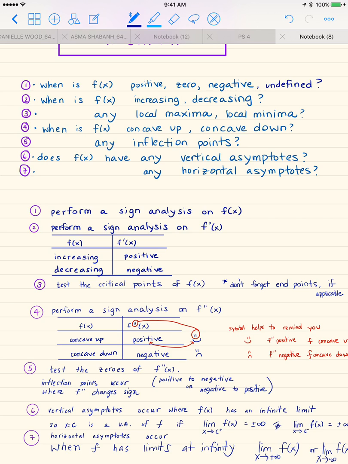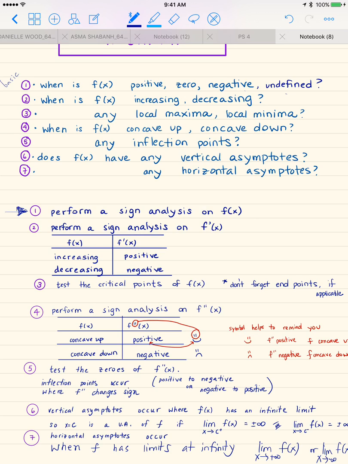For instance, this first one is asking when is f of x positive, 0, negative, when is it undefined. These are all basic questions, and how to answer that is essentially to perform a sign analysis on f of x.